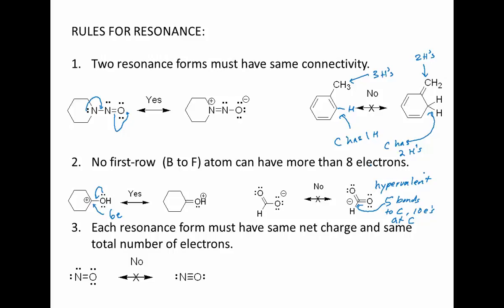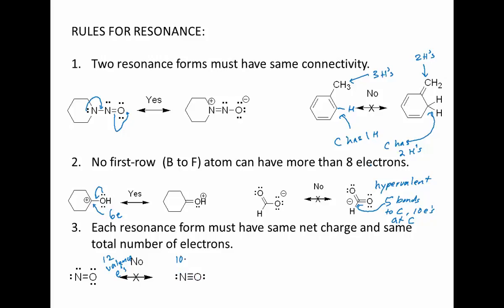Each resonance form must have the same net charge and the same total number of electrons. So these two compounds shown here are not resonance forms because the electron count is different. We'll just look at the valence electron count. There's 2, 4, 6, 8, 10, 12. There's 12 valence electrons there. Let's count here. 2, 4, 6, 8, 10.